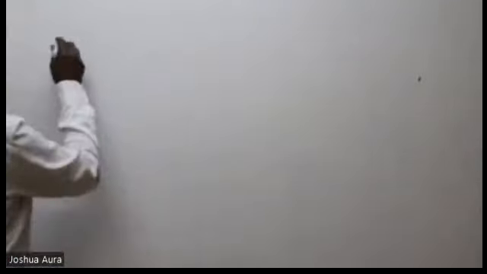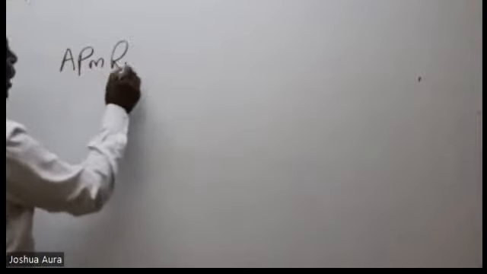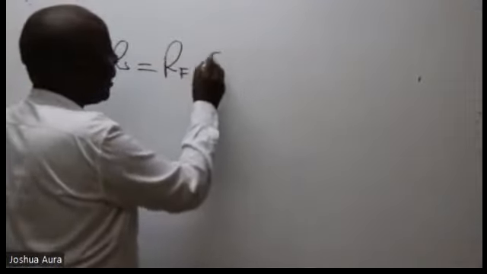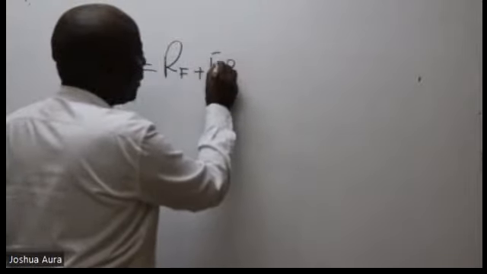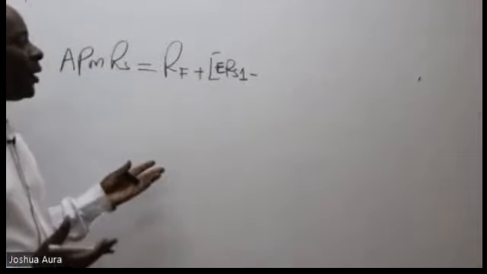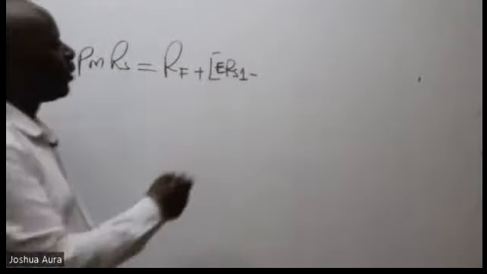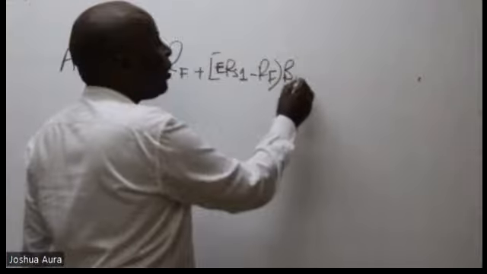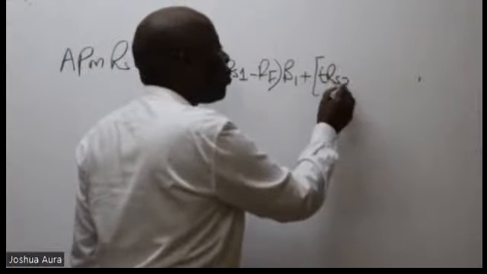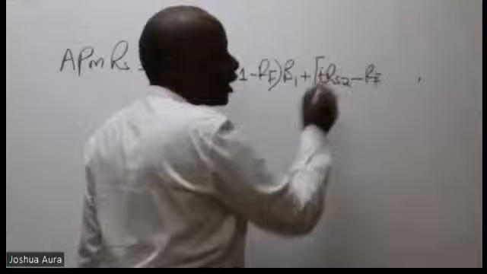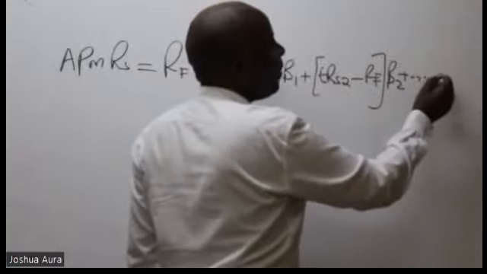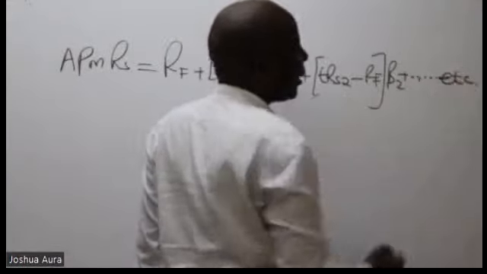For us to be able to get arbitrage pricing model returns, we shall be taking the risk-free rate plus, in brackets, the expected return of the security given factor 1, because now there are many factors affecting the APM returns, minus risk-free, multiplied outside here with beta of factor 1, plus, in brackets, expected returns of the same security given factor 2 minus risk-free, multiplied by beta 2, plus and so on, up to the end of our thinking capacity.